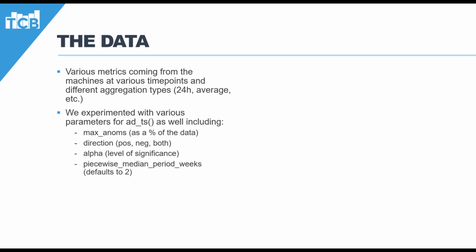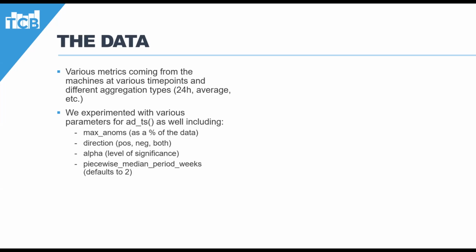The direction, so in some use cases, you only care about, say, spikes that are going in the positive direction. In this case, the client did care about positives and negatives. The alpha, which is a level of significance, so we wanted to see how sensitive or not this algorithm was for this data.